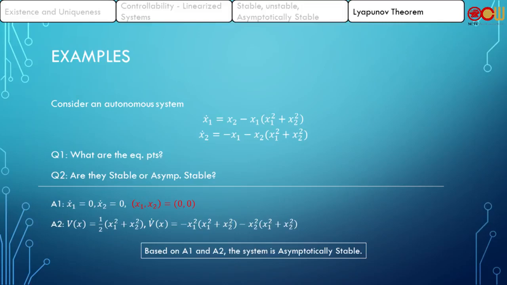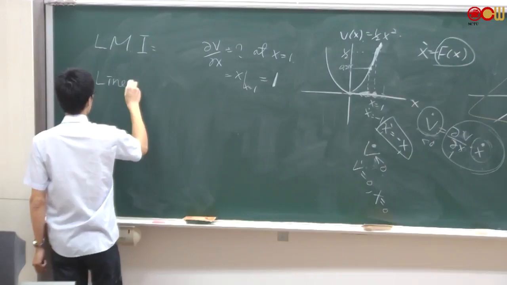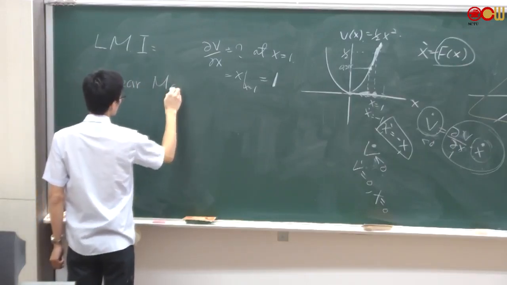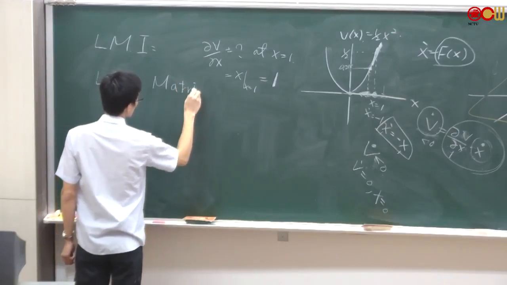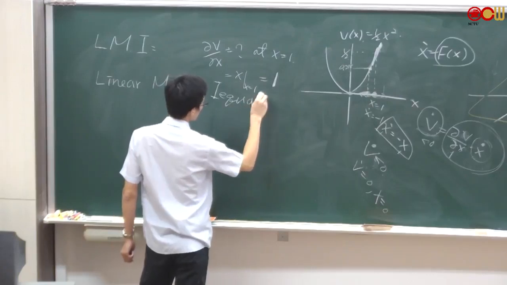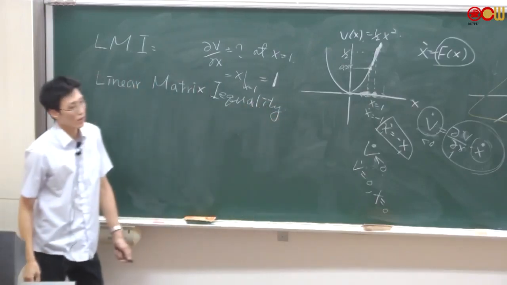You can use LMI, which stands for linear matrix inequality, to find the Lyapunov function.